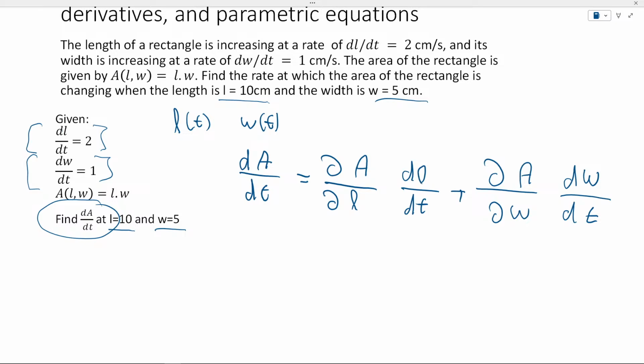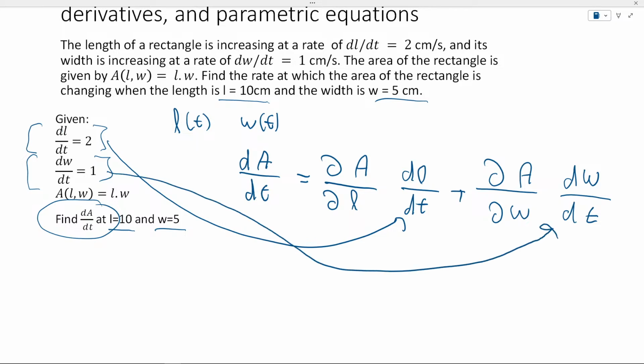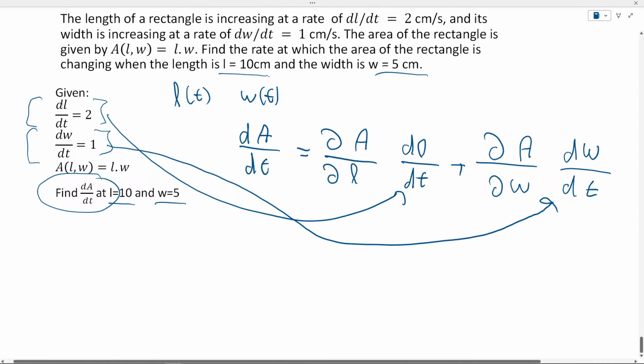So this guy here is given to us. This guy here is given to us. So what we want to find is this guy and this guy.